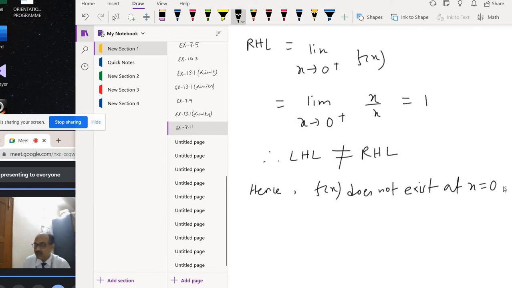Next we will do question number 28. In this question, find the value.